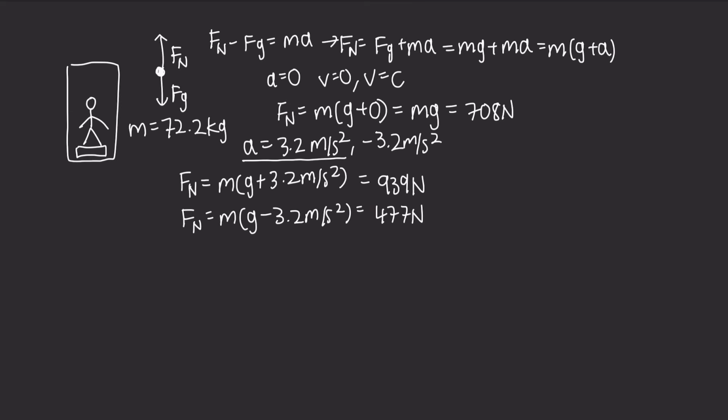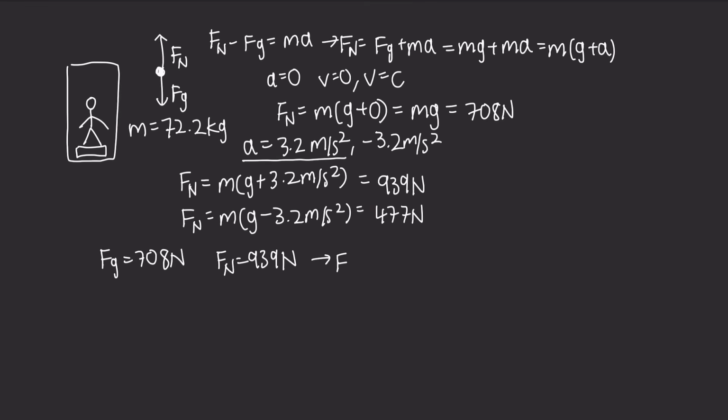So we know that the force of gravity on the passenger is still 708 newtons. And the magnitude of the normal force from the elevator on the passenger during the upward acceleration is 939 newtons on the scale.